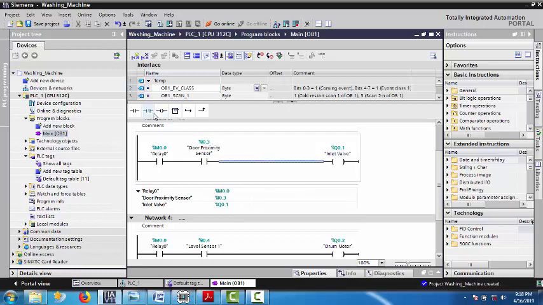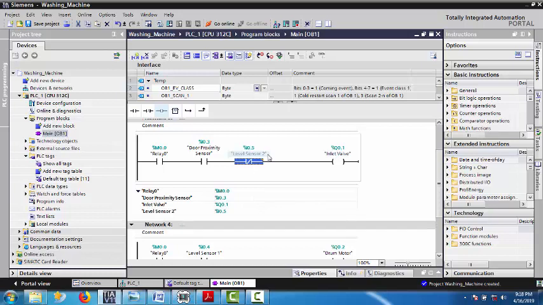So we put over here an NC of level sensor 2. As soon as level sensor 2 is sensed, what is going to happen?